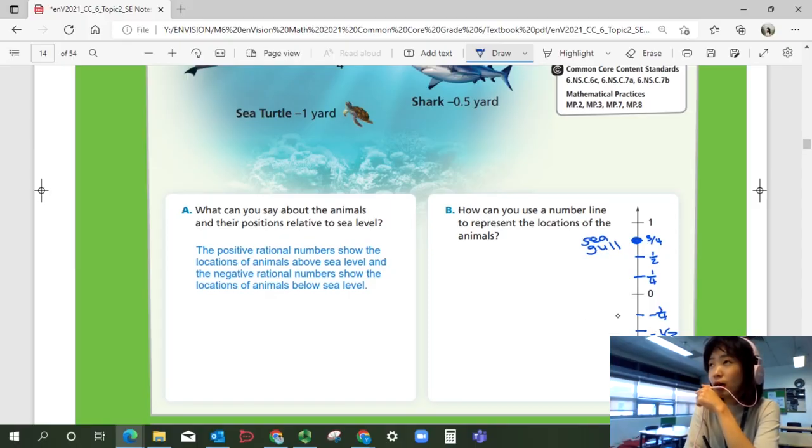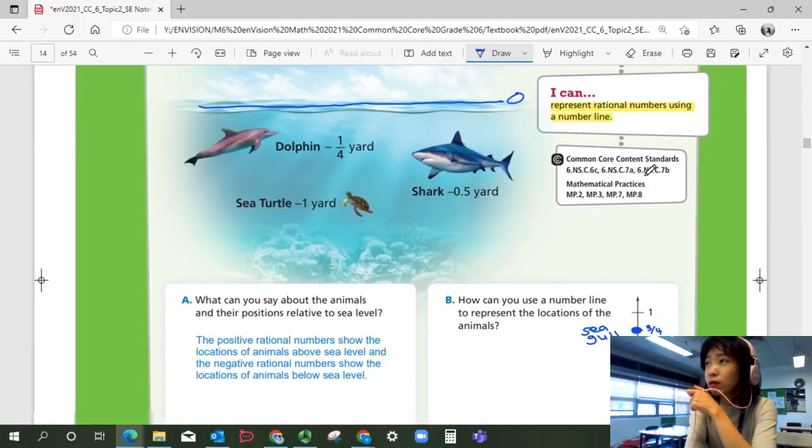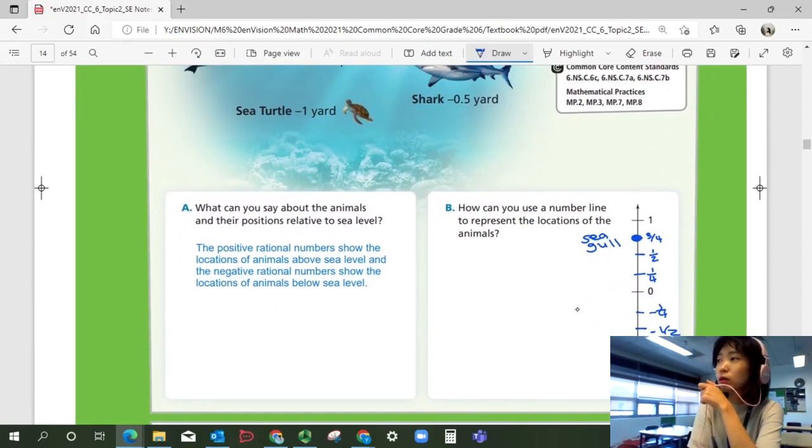And so we have the dolphin, that's 1/4 below the sea level. So this is where the dolphin is. And shark, -0.5. So -0.5 is the same as -1/2. So this is where the shark is. Sea turtle would be at -1 yard.